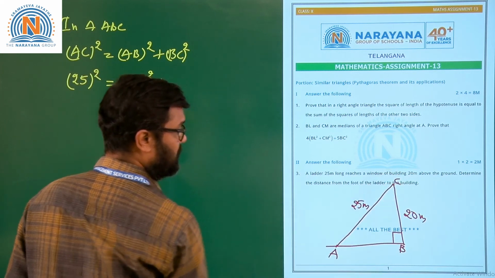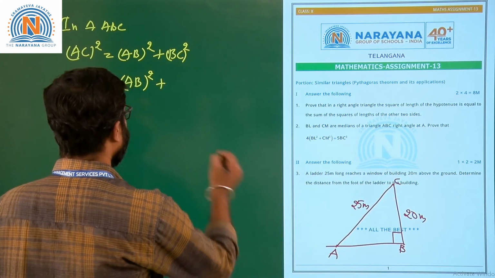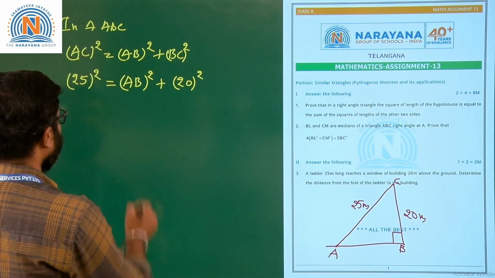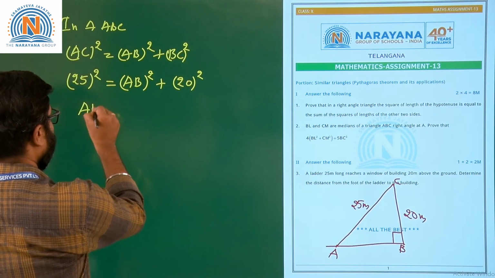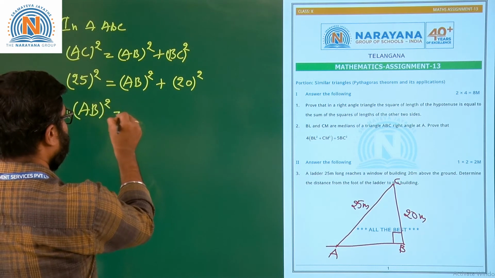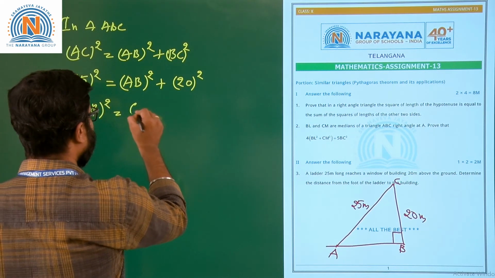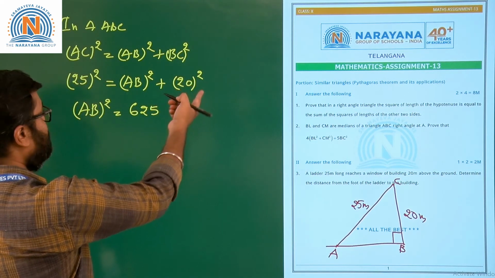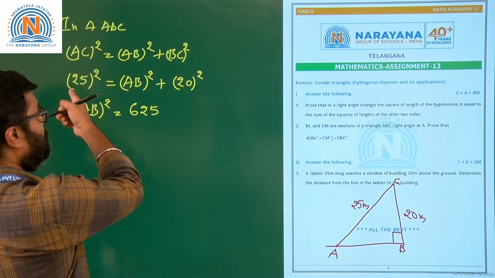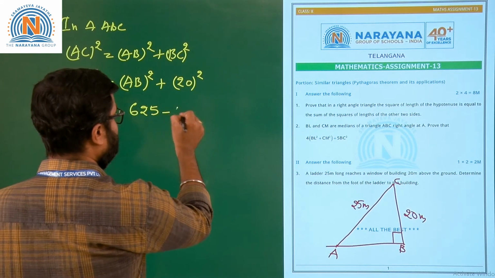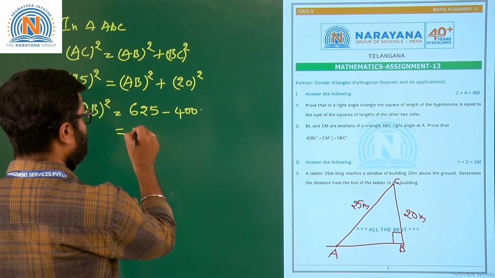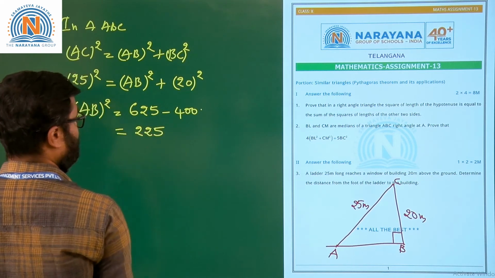Here BC, that is the height of the building, 20 meters, so 20 whole square. Now AB square is equal to 25 square, that is 625, and this 20 square, that is 400, is transposed to LHS and it will be minus 400. Now 625 minus 400 is nothing but 225, isn't it?